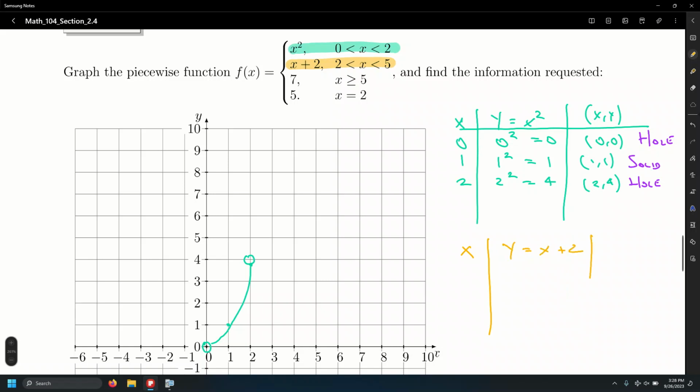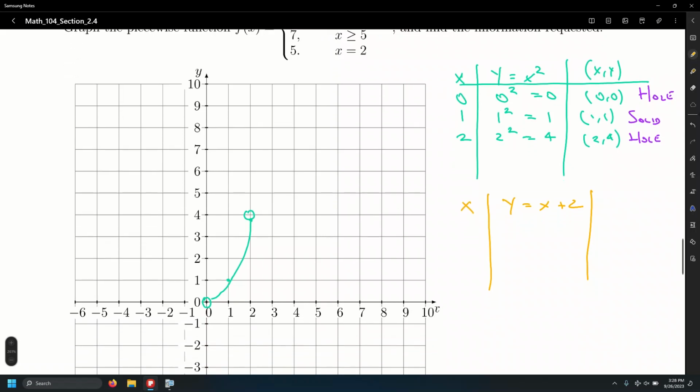So we get the y value in accordance with the rule y equals x plus 2. All right, however, check the condition. In this case, the only input values that we can use are from 2 to 5. But again, we're going to exclude the endpoints. Yes, we are still going to substitute those values, but keeping in mind again that those are going to be open circles. Those are going to be holes.